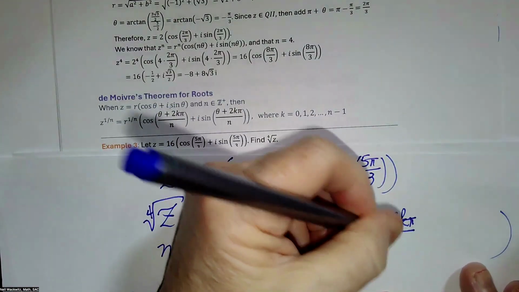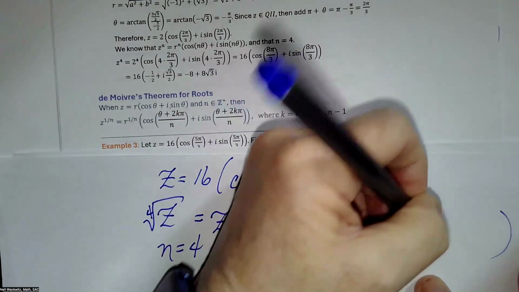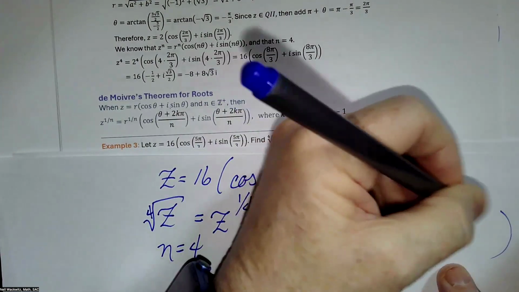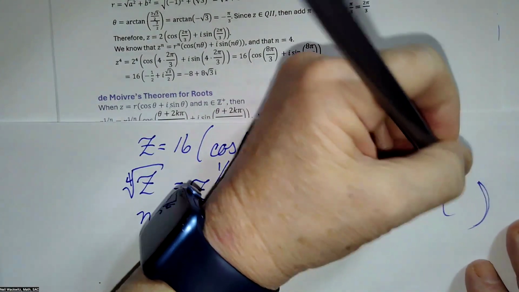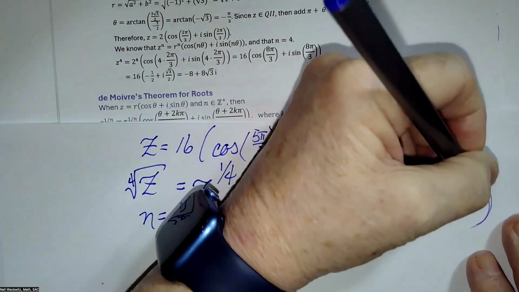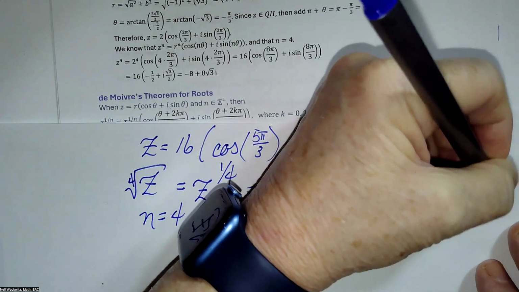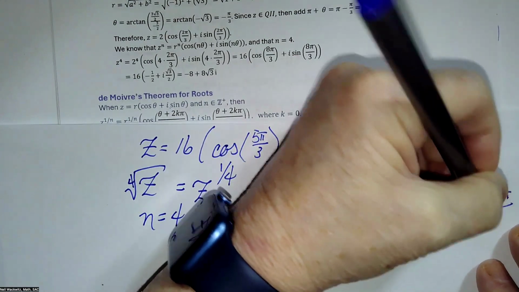N is 4. And then we have this same term again, 5 pi over 3 plus 2k pi all over 4.